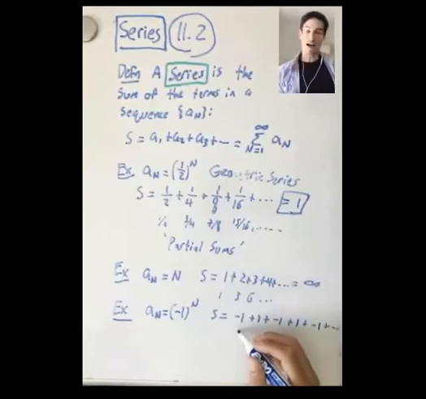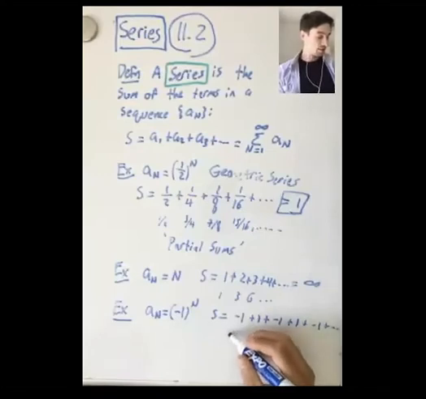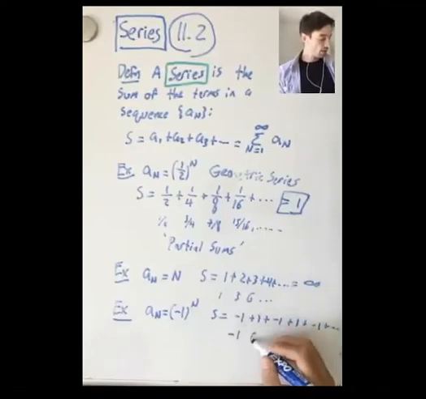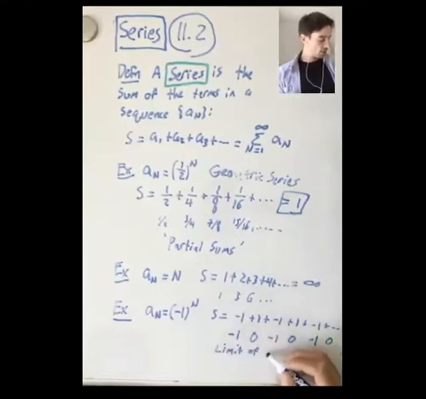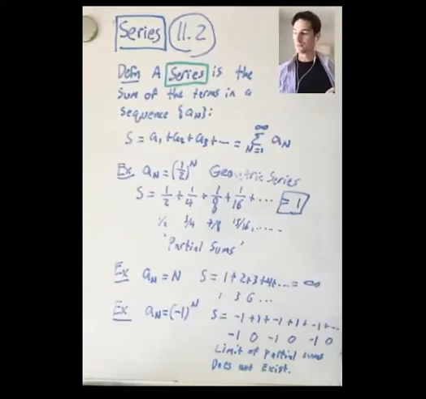And if we keep track of the partial sums, the sums so far, we have -1, then 0, then -1, then 0, then -1, then 0. This switches back and forth, and the limit of the partial sums, these sums so far, does not exist because it fluctuates between -1 and 0.